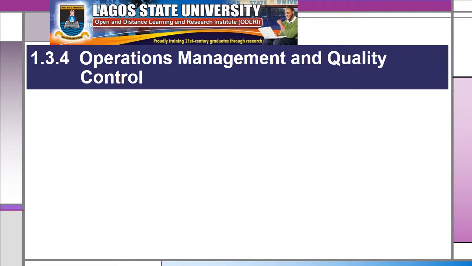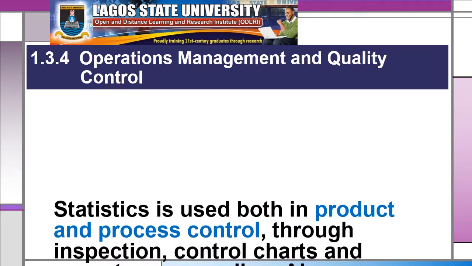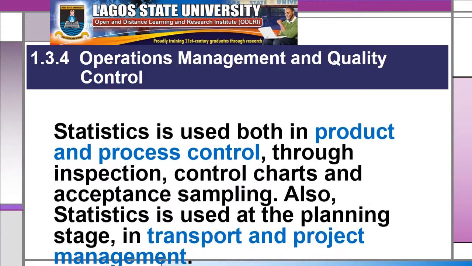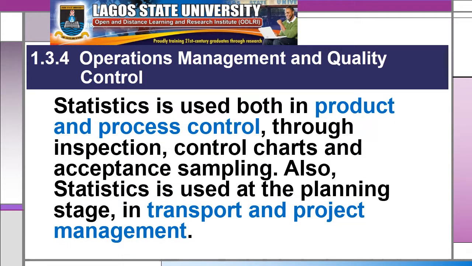In operations management and quality control, statistics is very useful in the area of product and process control. And this is done through control charts, acceptance sampling, inspection. You don't need to worry, these are things you get to know as you journey on in your study of statistics.